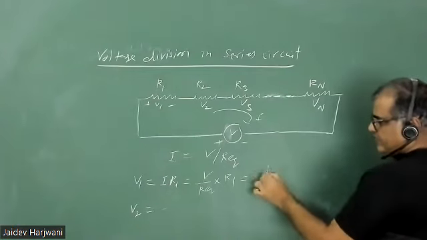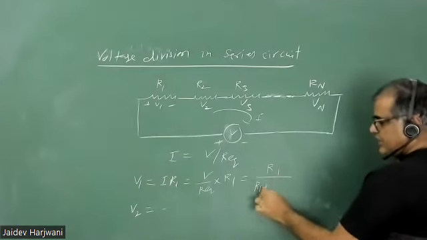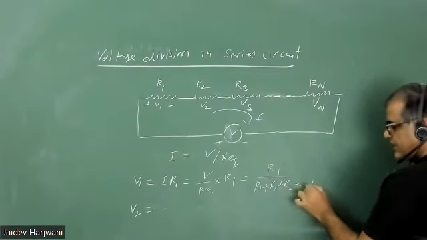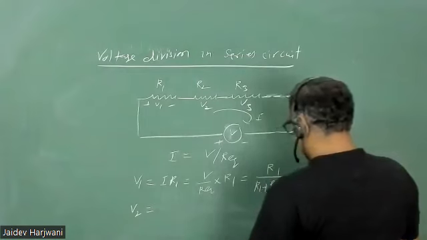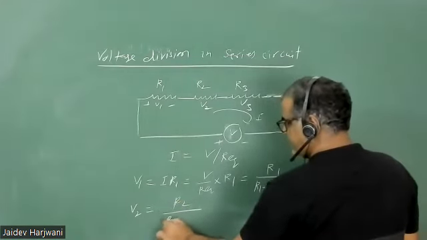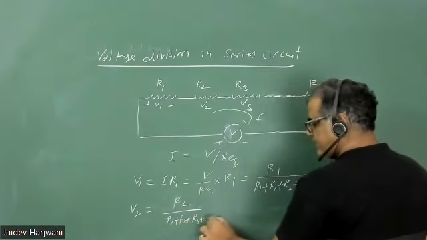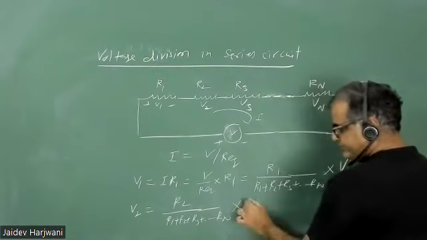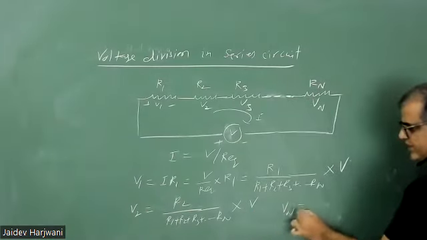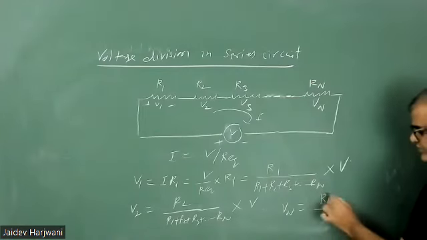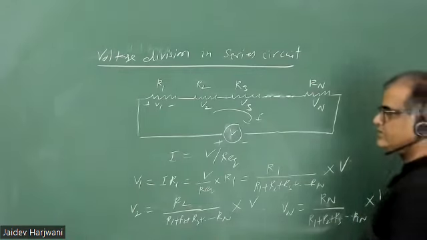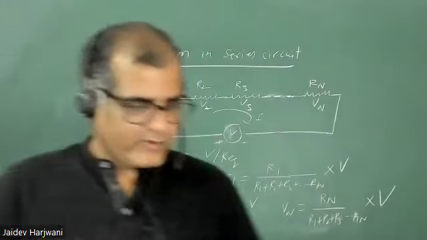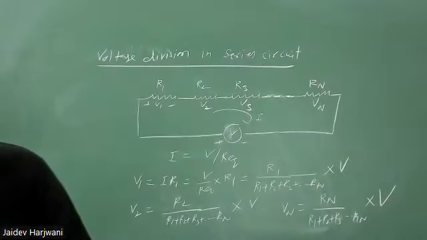If you want V1, then you have to find this ratio, R1 over R1 plus R2 plus R3 up to Rn, and accordingly the total voltage will divide. Similarly, V2 equals R2 over R1 plus R2 plus R3 up to Rn, into V. In general, Vn will be the resistance where you want the voltage, Rn, over the total resistance, times the total voltage V. So in this way the voltage will distribute according to the magnitude of the resistor.